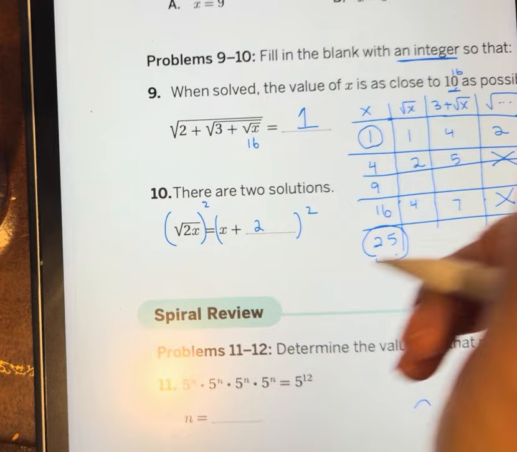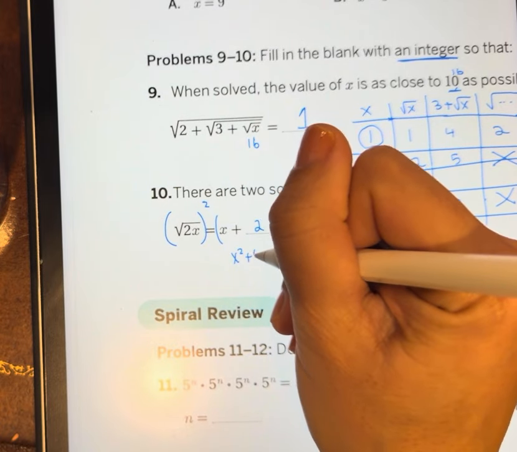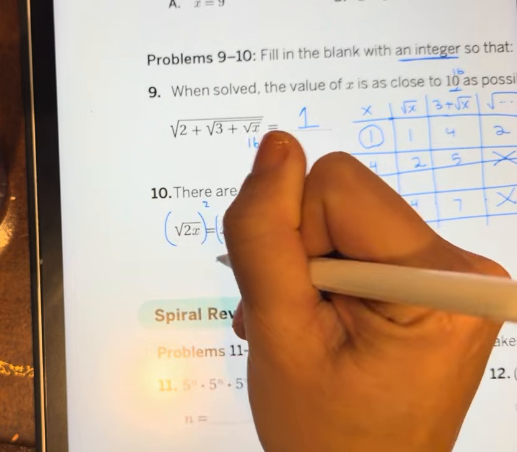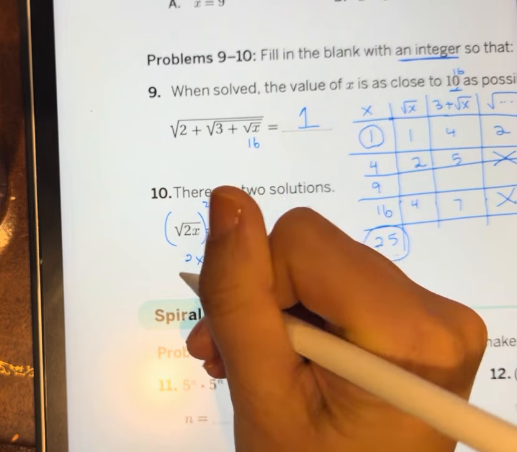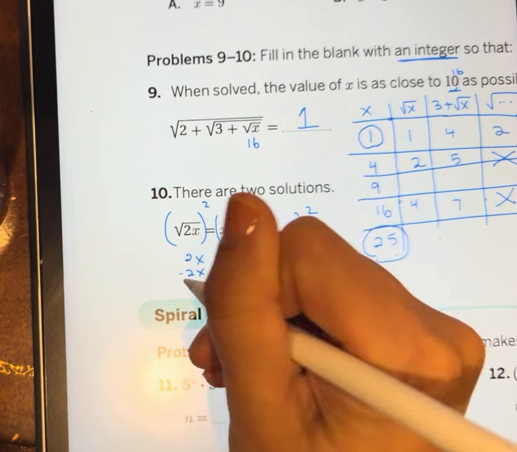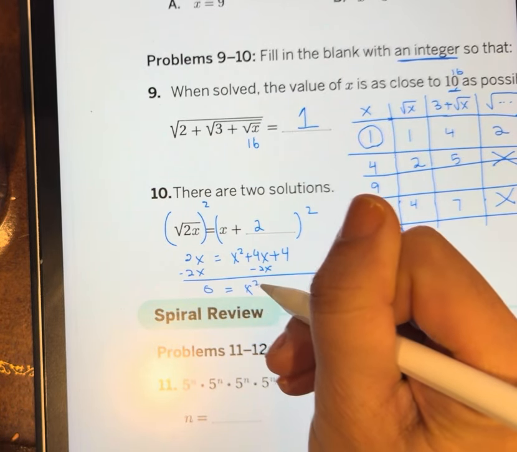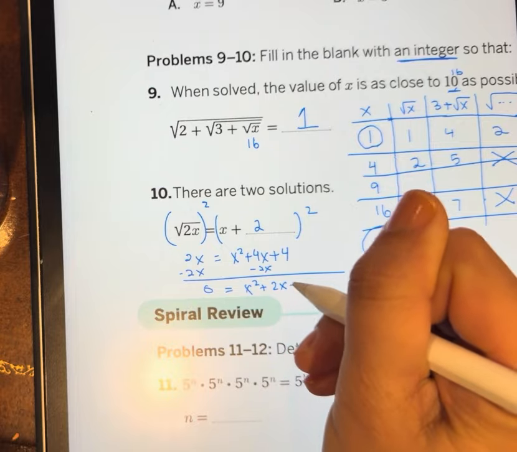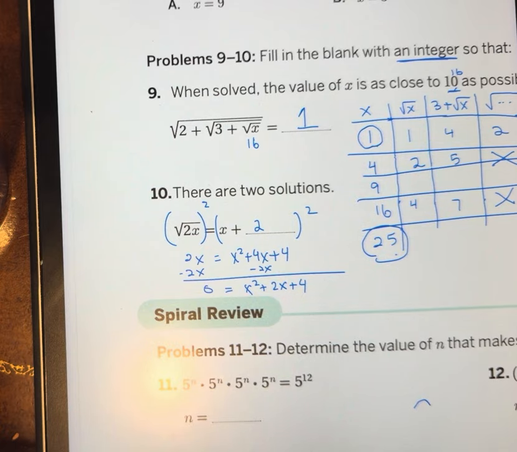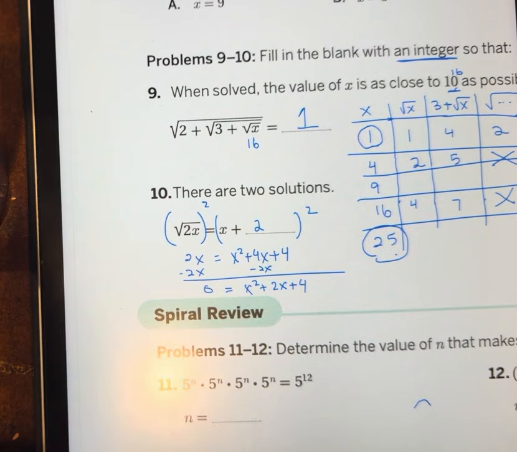Okay, x plus 2 squared is x squared plus 4x plus 4. And if I subtract 2x from both sides, I get x squared plus 2x plus 4.